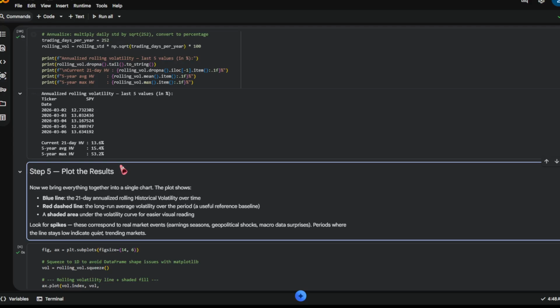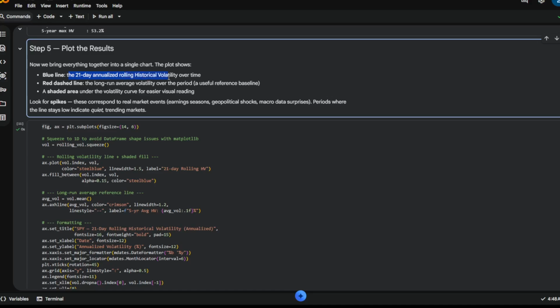Now we will simply plot it. So here the blue line is the 21-day annualized rolling historical volatility, and this one is the long run average volatility over the period. We can see some spikes here.